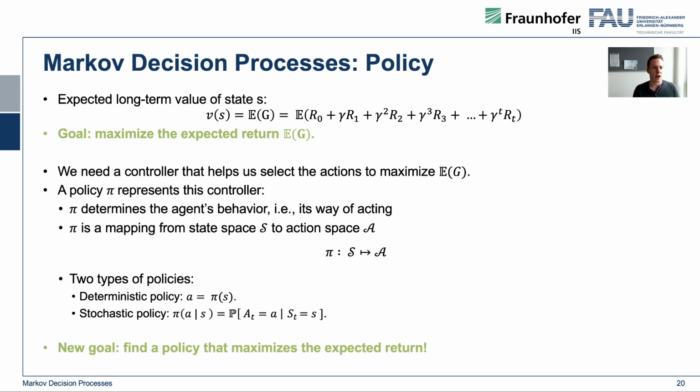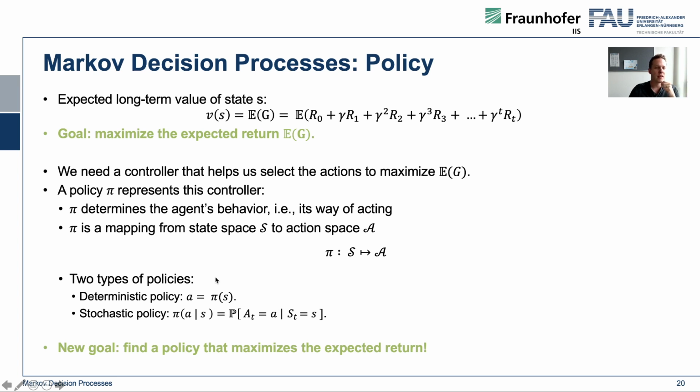We talk a lot about policies in reinforcement learning because the policy is the main ingredient that selects the actions. So a policy pi determines the agent's behavior, its way of acting. Basically a policy is a mapping from a state space S to an action space A. This means that it's equivalent to a function, mapping S to A.